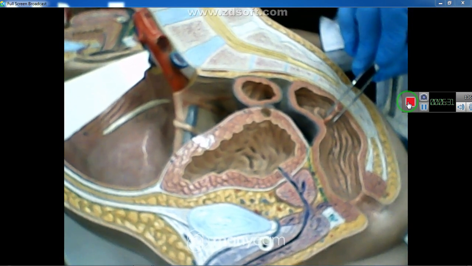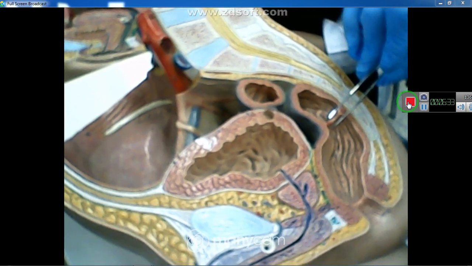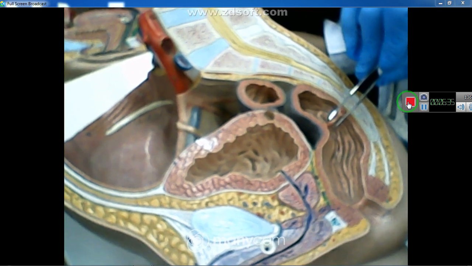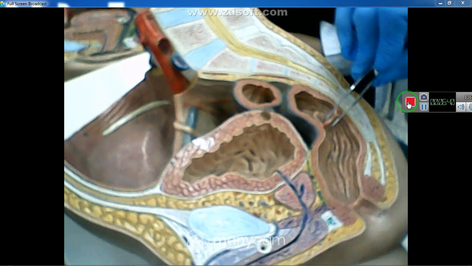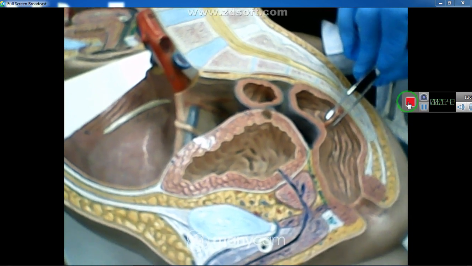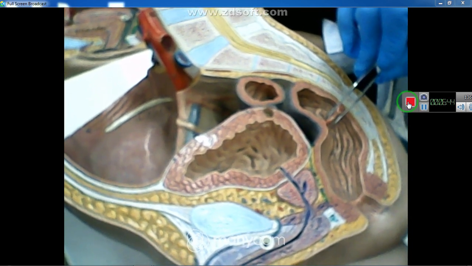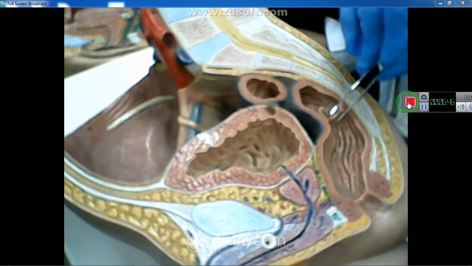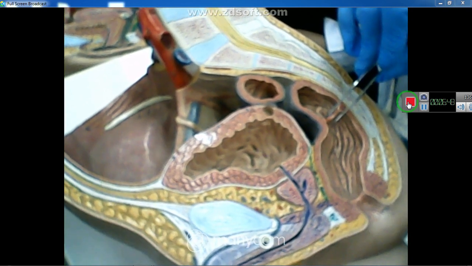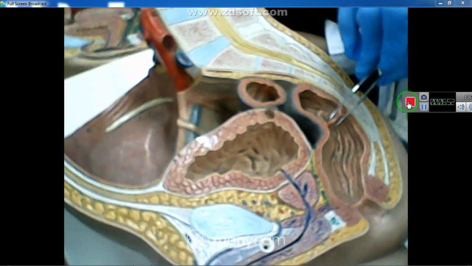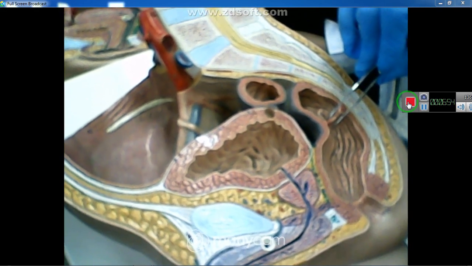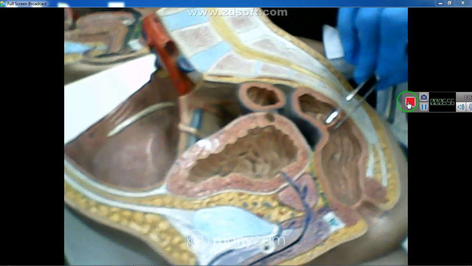These transverse folds are permanent. They are called valves of Houston. Why are they called valves? Because they function to separate the gaseous from fecal material during defecation. That's why you may be able to pass flatus without feces, because the valves of Houston control that. Right?